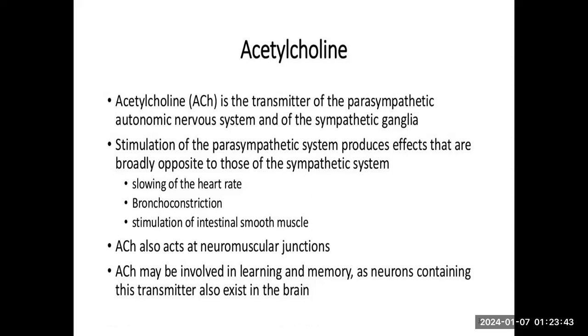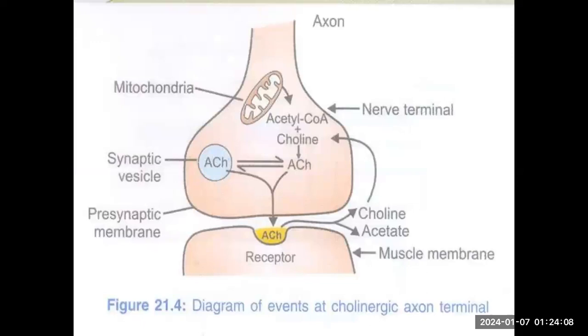That is, slowing of the heart rate, bronchoconstriction, stimulation of the intestinal smooth muscle. Acetylcholine also acts at neuromuscular junctions. Acetylcholine may be involved in learning and memory, as neurons containing this transmitter also exist in the brain.